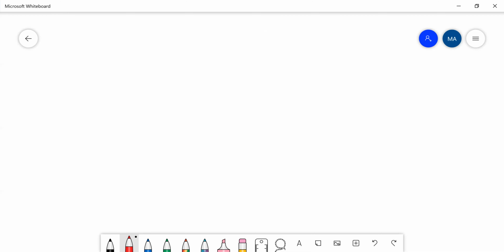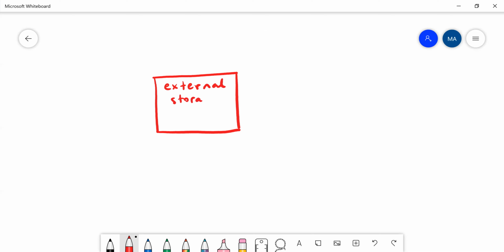So the idea is this: there are what Mokyr calls external storage devices, external storage devices for knowledge or ideas.